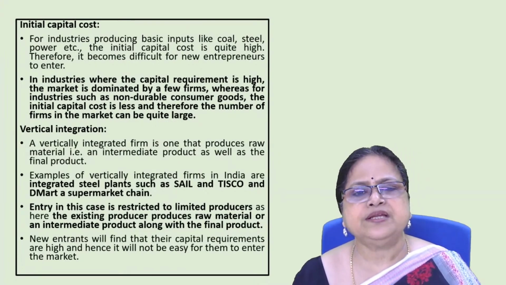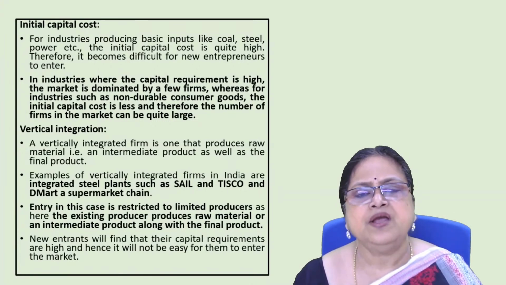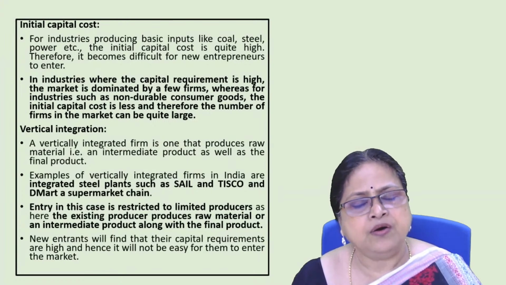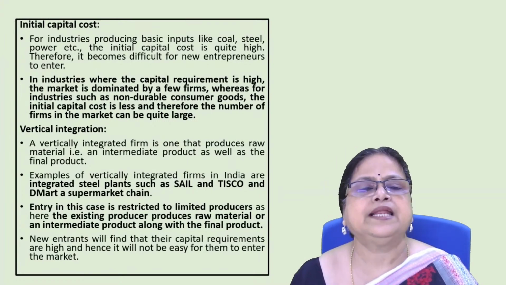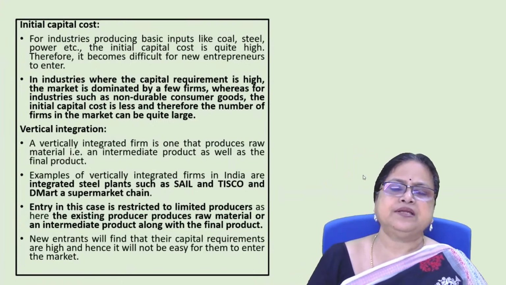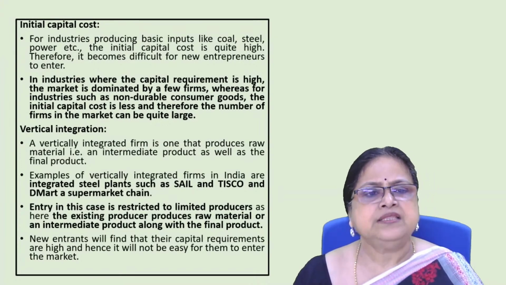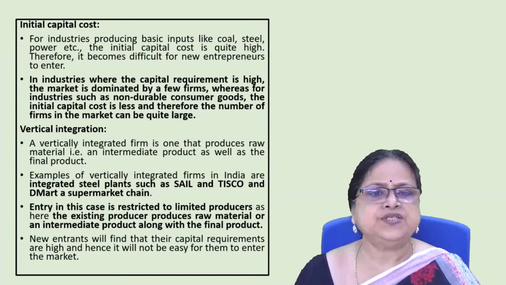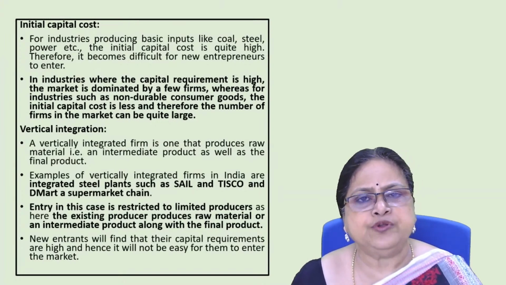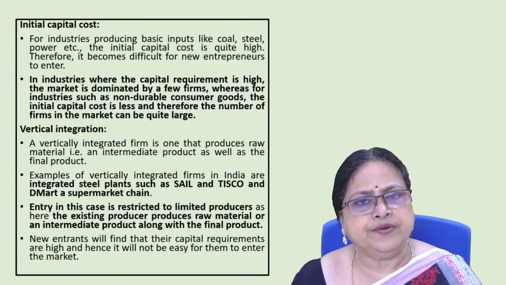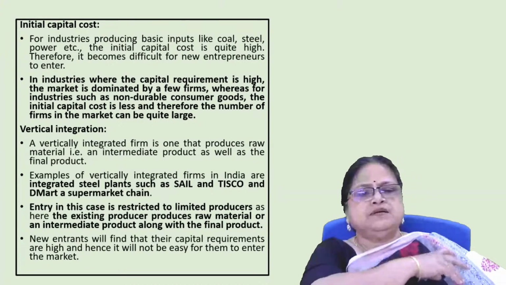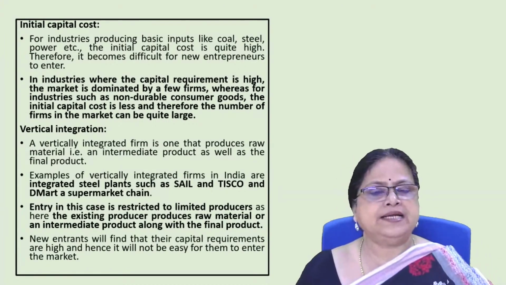In industries where the capital requirement is very high, only big companies enter, and anybody who wants to enter cannot. In industries where the capital requirement is high, the market is dominated by few firms, whereas for industries such as non-durable consumer goods, the initial capital cost is less compared to the coal and steel industries. And here the number of firms in the market can be quite large.